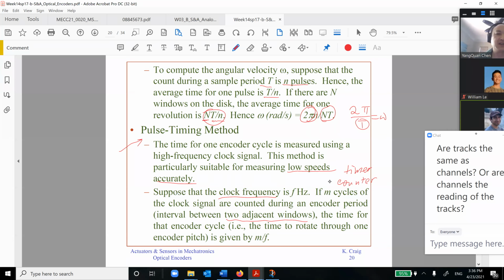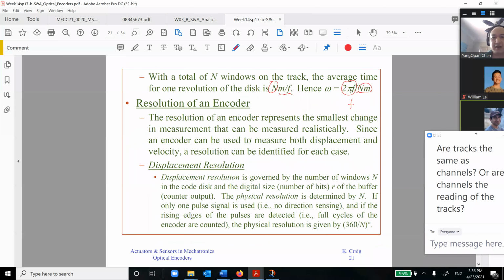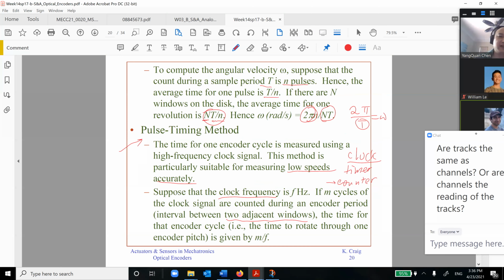There's also a smallest unit of time. That's called a clock. So you use that clock circuit to do the counting. But today you don't have to worry too much about this. This already has an encoder chip to do the work for you.